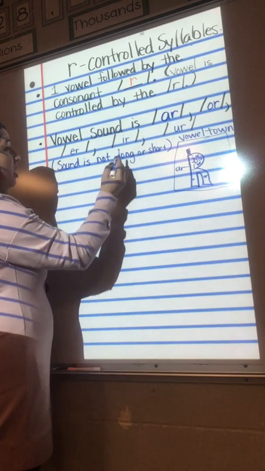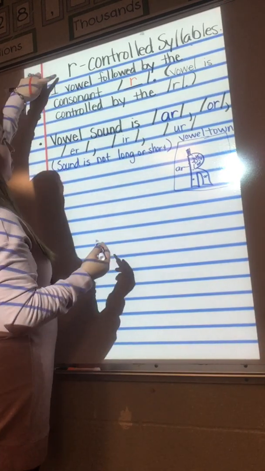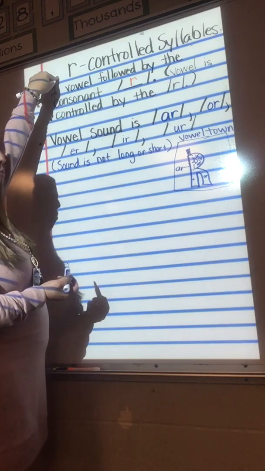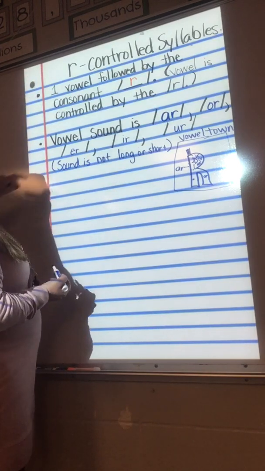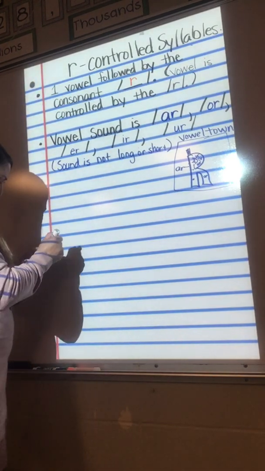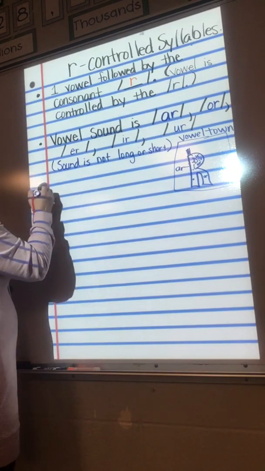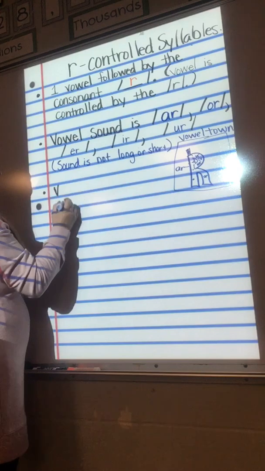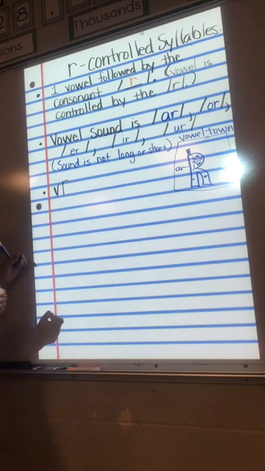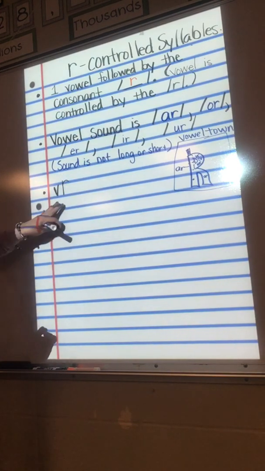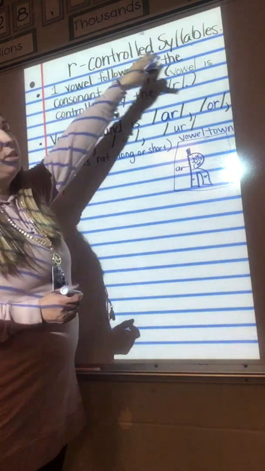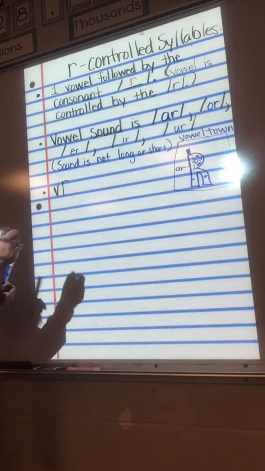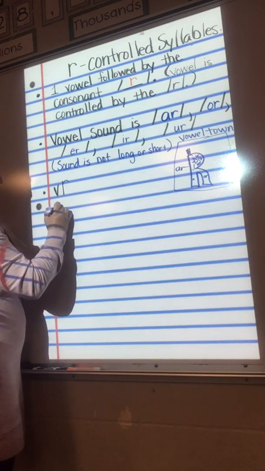So if you hear a long or short sound, we're definitely not going to identify it as R-controlled. The pattern we're going to look for is a vowel followed by R. That's the pattern we'll look for if we're looking for an R-controlled syllable. Okay, let's do our first example.